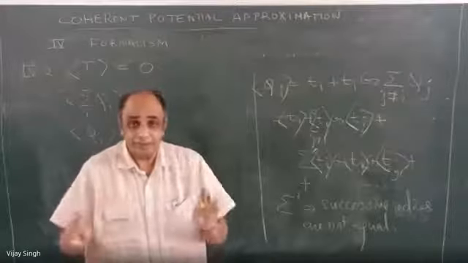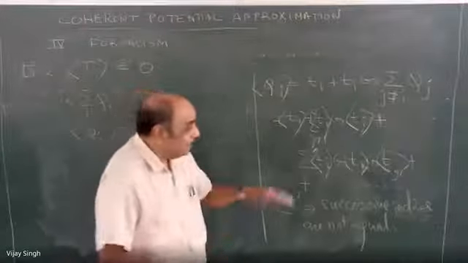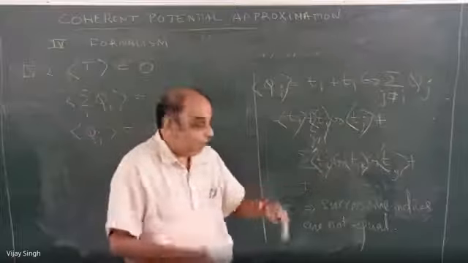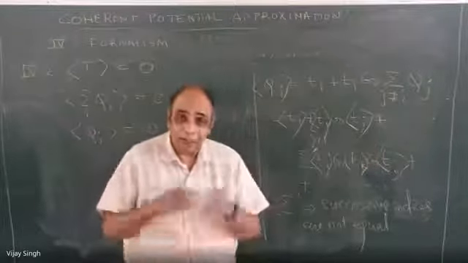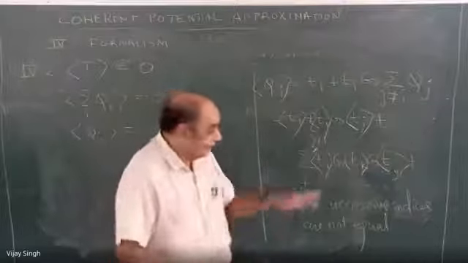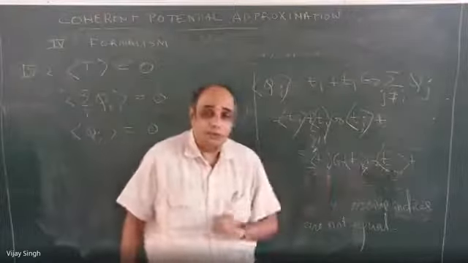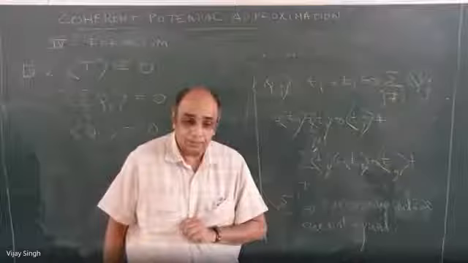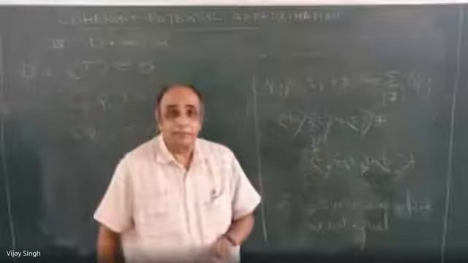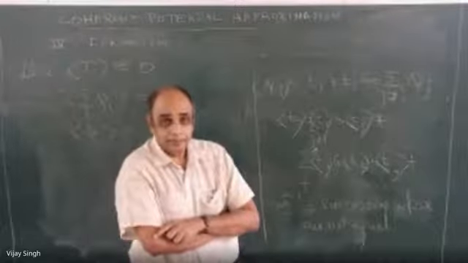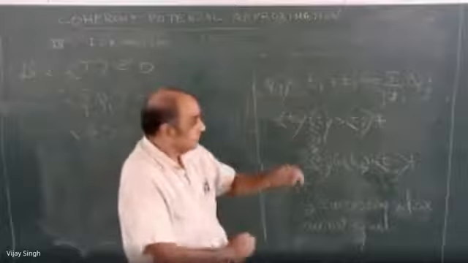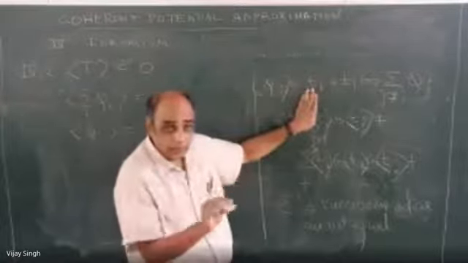If, however, I ignore these, I say that at least successive sites are not equal. So perhaps I will make a smaller error if I make each of these sites' T matrix equal to 0. If, however, I say this, then I will get what is called a single site representation, or the coherent potential approximation. This is 0, no doubt, T_i must be.